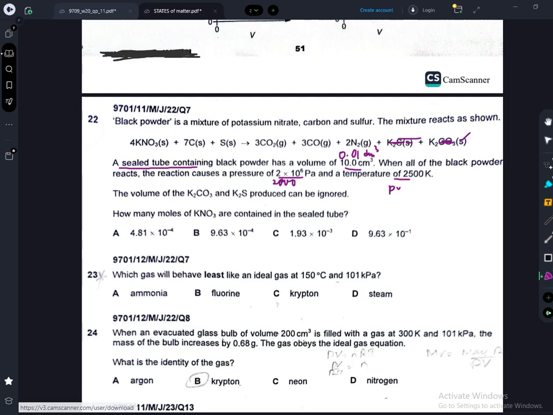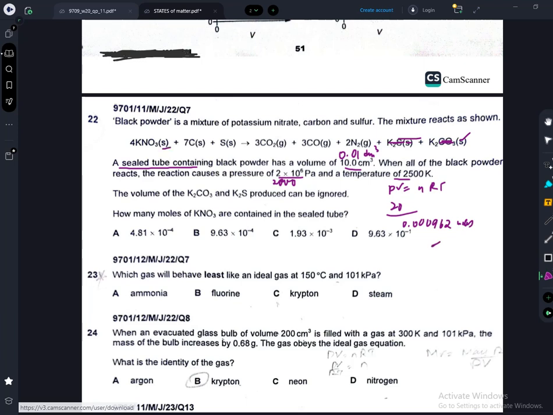Now you calculate the number of moles here. PV is equal to nRT, which is 2000 times 0.01. This is 20 divided by R times T. What is the temperature? 2500 Kelvin times 8.31. 20 divided by the answer is 0.00093... 0.62 moles of gases which are produced.